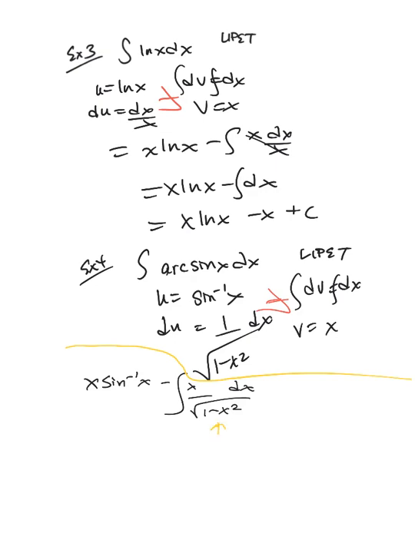So what's going to happen is sometimes you're going to have to use other techniques to then integrate that. And this is why we learn these things in a certain order, kids. So I'm going to do a u sub. Let u equal 1 minus x squared, du equals negative 2x dx, negative 1/2 du equals x dx.